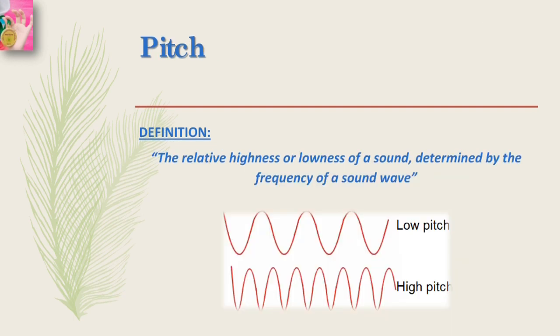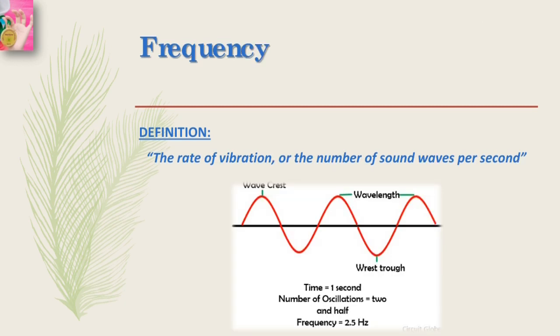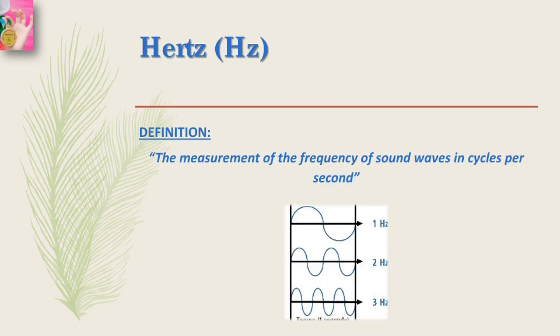Pitch refers to the relative highness or lowness of a sound, and pitch is determined by the frequency of a sound wave, whereas frequency refers to the rate of vibration or the number of waves per second and is measured in units called hertz. Hertz simply refers to the number of wave peaks per second.